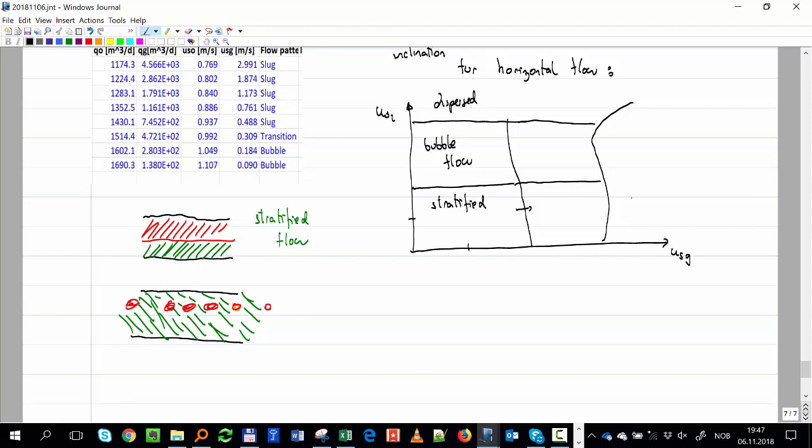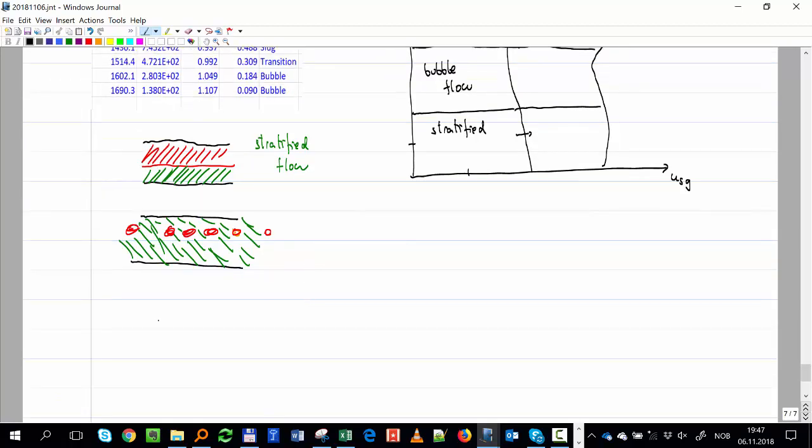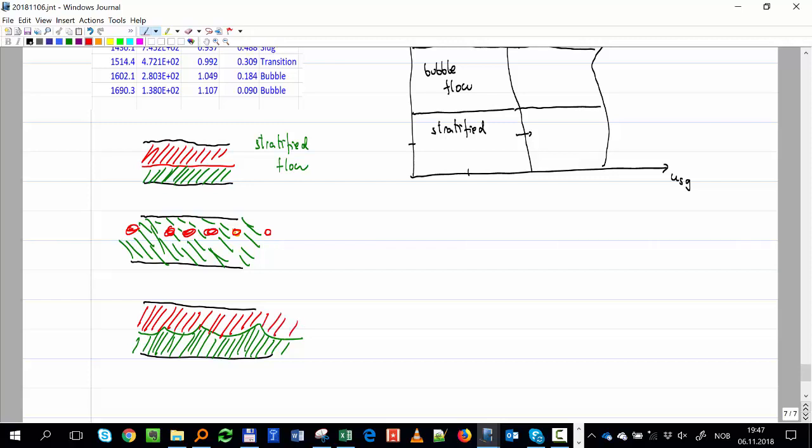Before having slug, you have stratified wavy. And these waves can be very significant, and the gas goes like that. So that's stratified wavy.